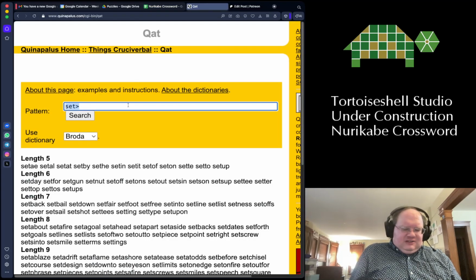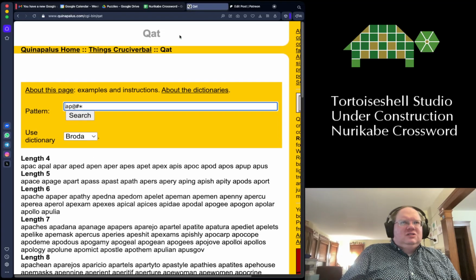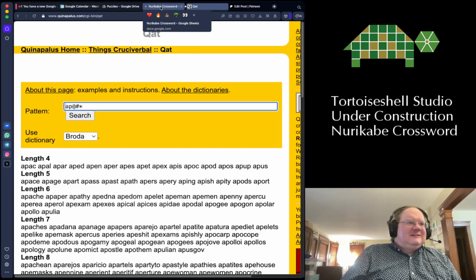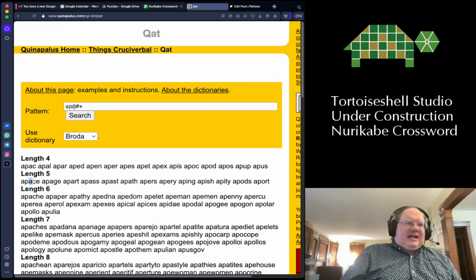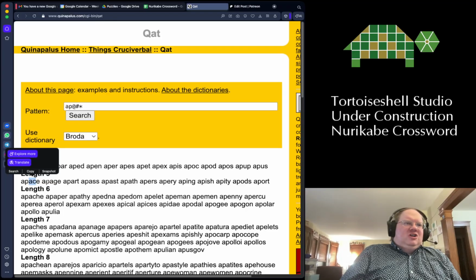So what has AP vowel consonant? Apache. Because the next two letters after the PE have to complete C blank blank ED.